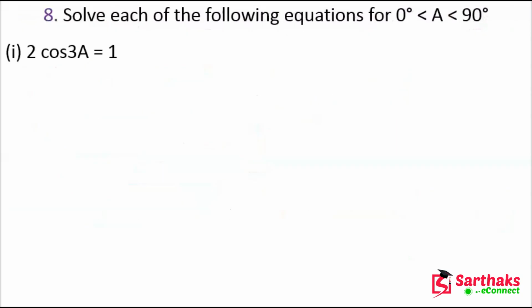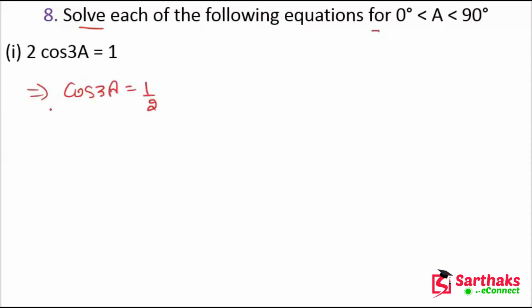The next question is a very important and amazing question, guys. You have to listen very carefully. Solve each of the following equations for A greater than 0 degree but less than 90 degree. So now we have to find the value of A. We have the equation 2 cos 3A is equal to 1, so cos 3A is equal to 1 by 2.